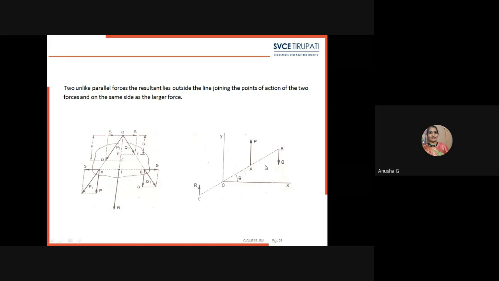You can observe two unlike parallel forces, and the resultant will lie outside the line of action, on the side of the larger force. There are points A and B in the XY plane with an angle of theta. Then the opposite force will be on the other side, as can be observed here.